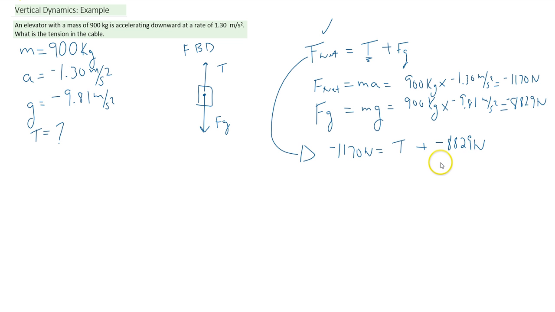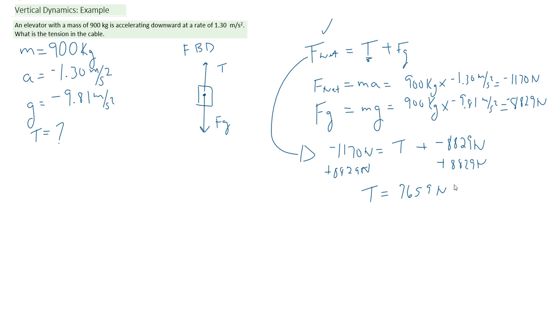To solve for tension, we simply add 8,829 newtons to both sides. And that gives us a tension of positive 7,659 newtons. It's positive. That means that the tension is acting upwards.